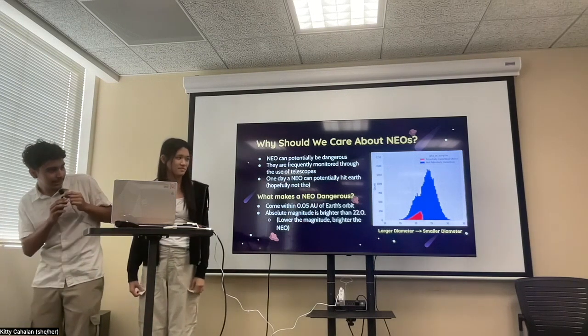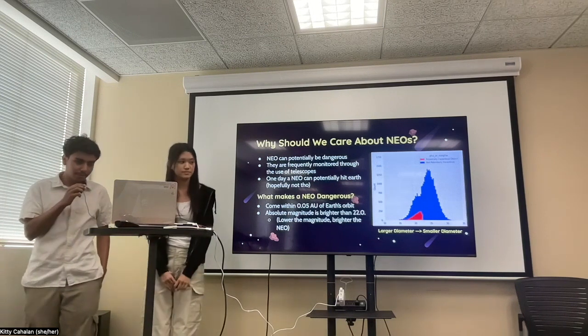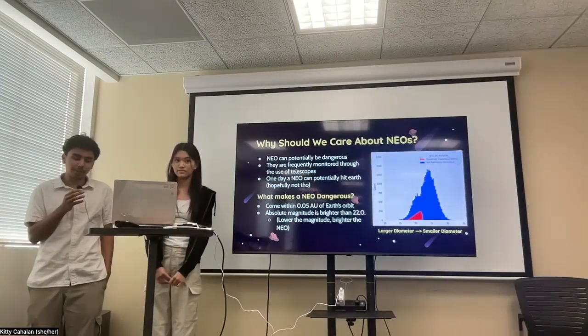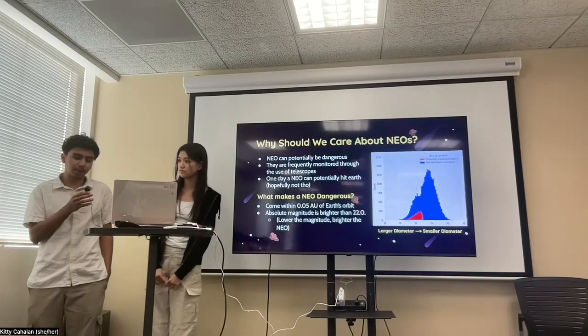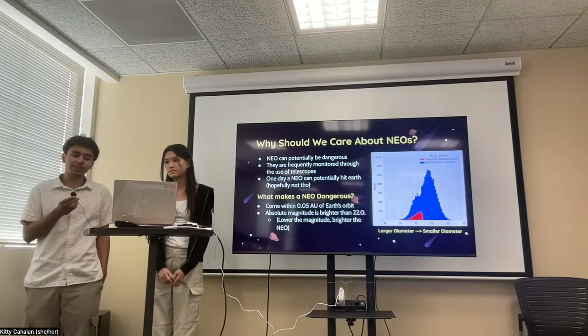And as you can see in this histograph, the blue represents the total amount of near-Earth objects that we have found, and the small concentration in red is the amount that are potentially hazardous.